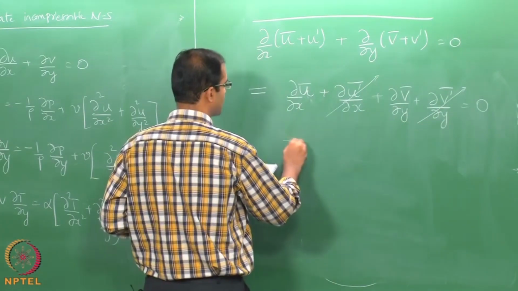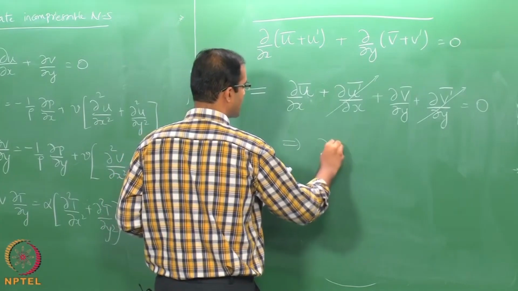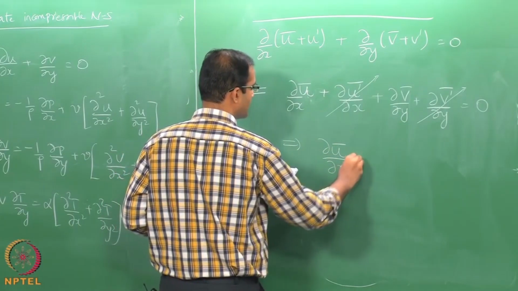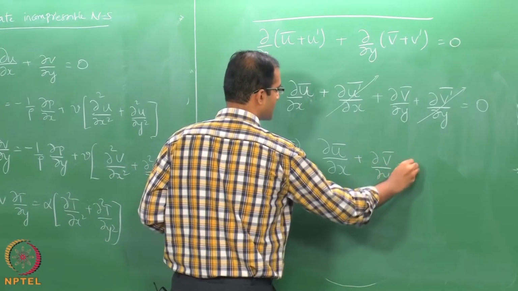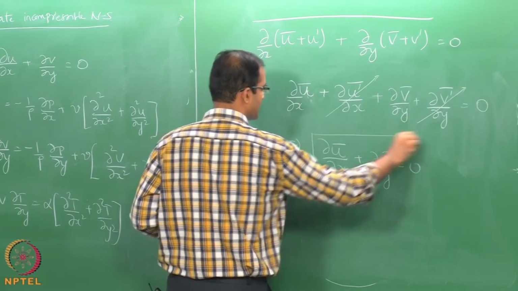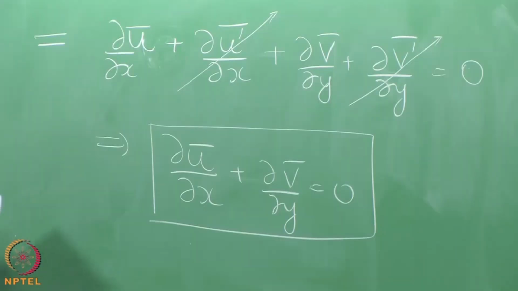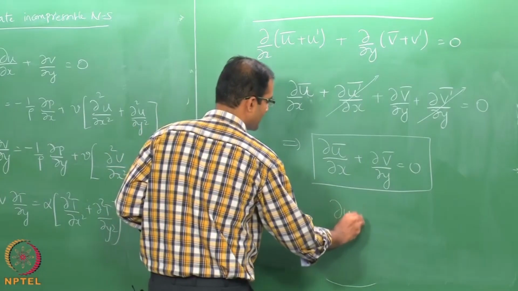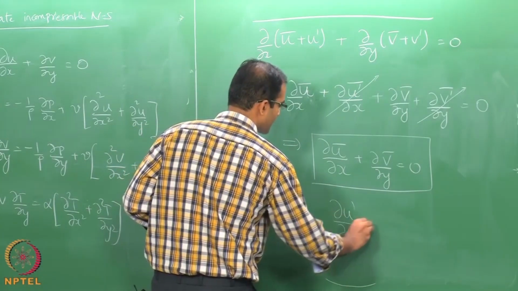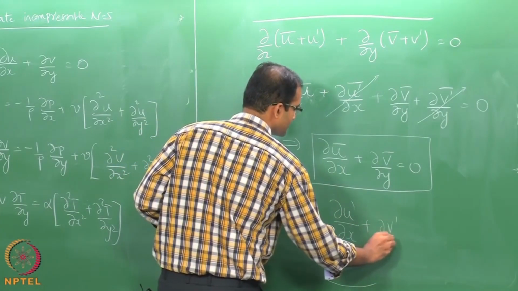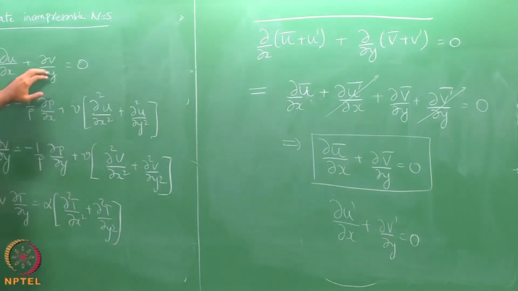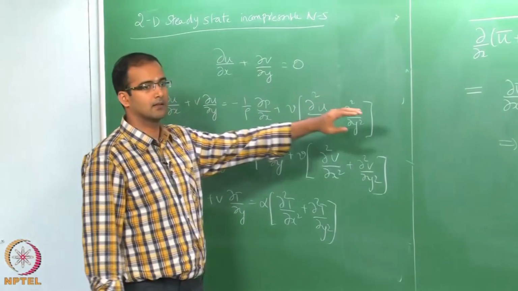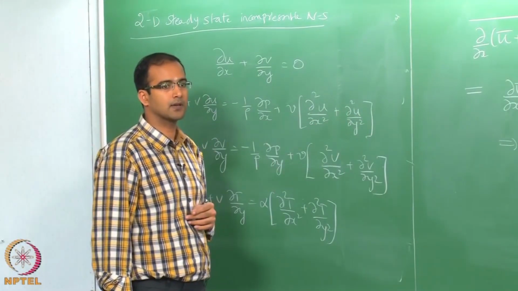So, therefore, you have a continuity equation for the mean flow field. There is a continuity equation which is satisfied by the mean velocities, and therefore, there should also be a continuity equation satisfied by the fluctuating component, because you have a continuity equation for the instantaneous flow field and one for the mean.